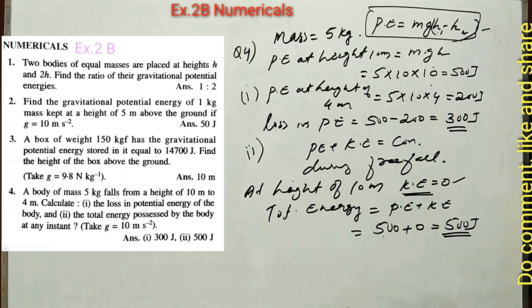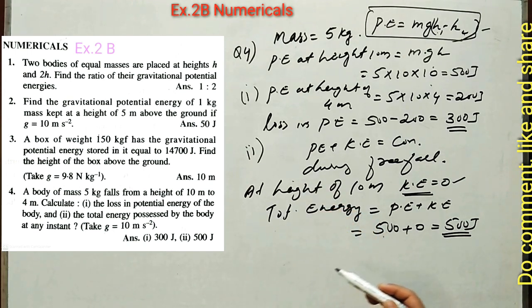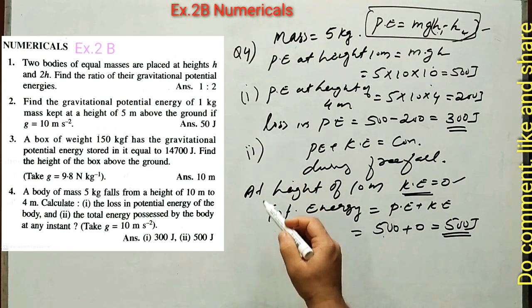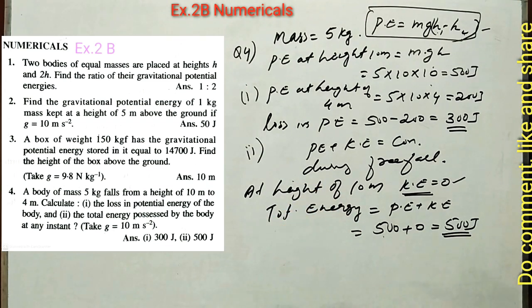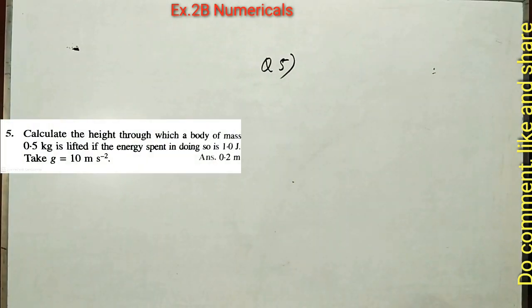So remember, during a free fall, the energy remains constant. The sum of the kinetic energy and potential energy will be a constant value. Steps are clear to you? So this is the key point. Clear? Once again I repeat, during a free fall, the sum of the kinetic energy and potential energy remains constant. Okay?